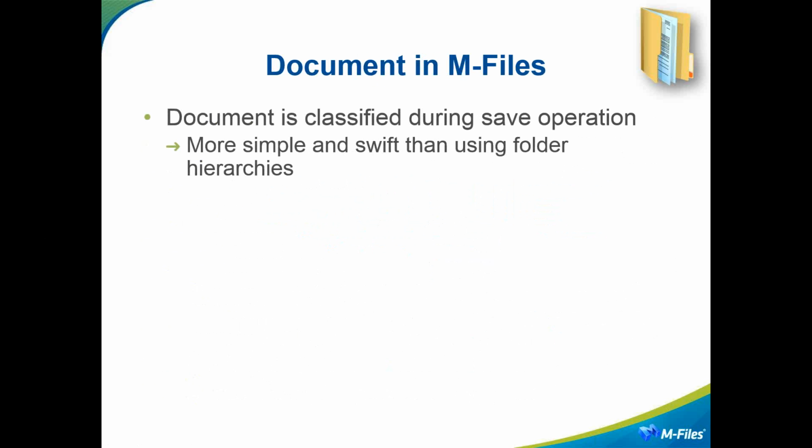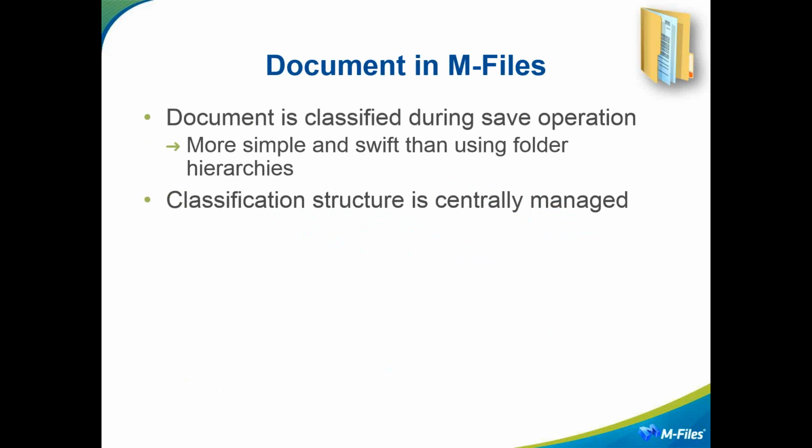With M-Files, instead of looking at where you're going to save it, you again just have to be concerned with what you're saving it as, or the type of metadata you're putting on it. And choosing a lot of that information from drop-down lists or entering it very quickly into just some data entry fields can be much quicker than navigating through a folder hierarchy.